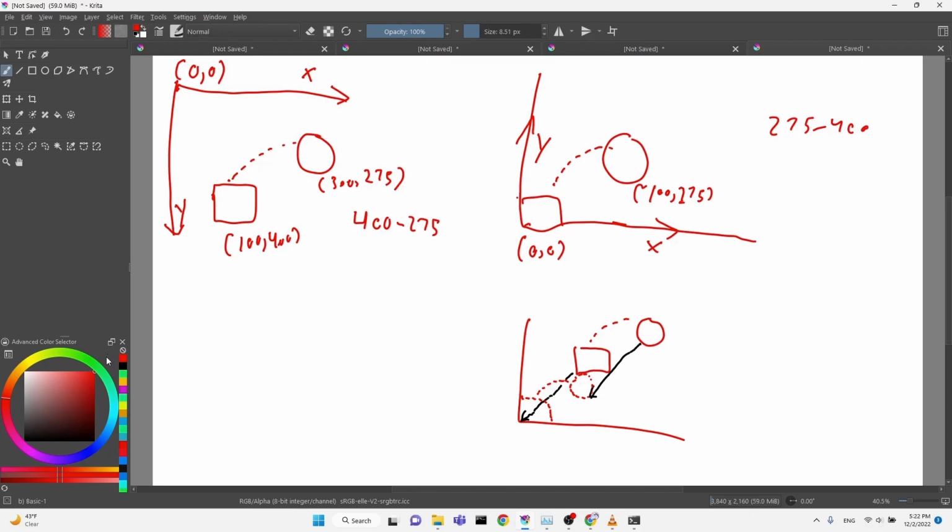And this is really important, the difference between these two, right? One is the target's position minus the shooter's position, but this is actually the shooter's position minus the target's.